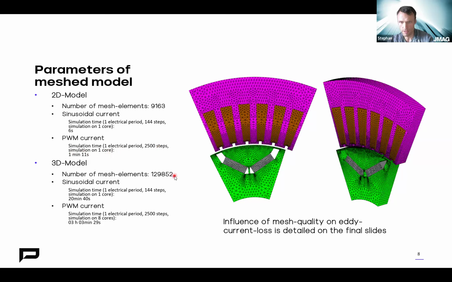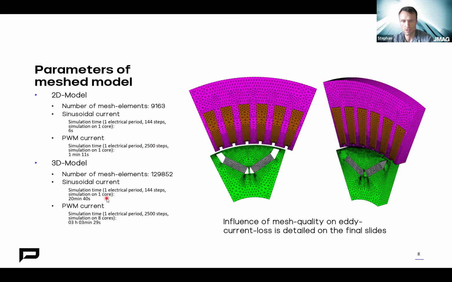The 3D model has some more mesh elements, but I think 130,000 mesh elements is still not a big model. It's mid-sized and can be calculated well on a workstation. For the sinusoidal current with the same parameters as for the 2D model, it took roughly 21 minutes.